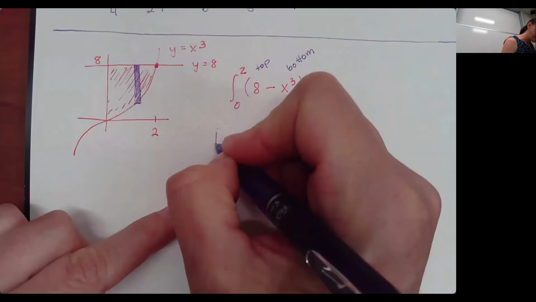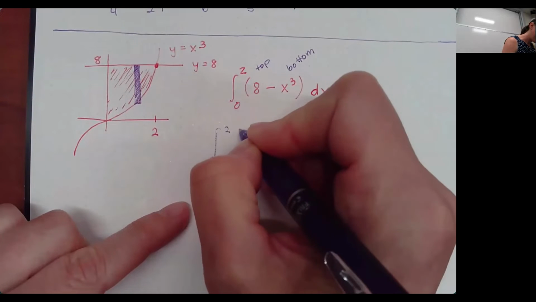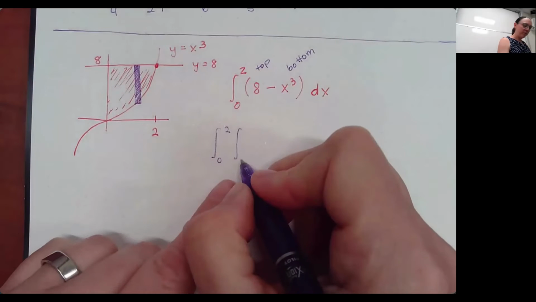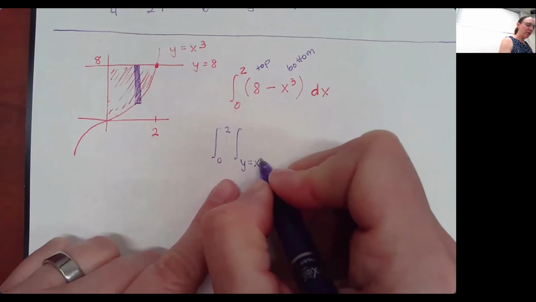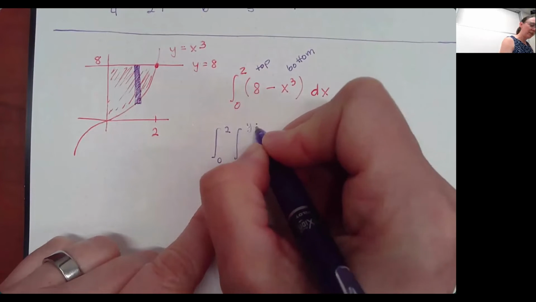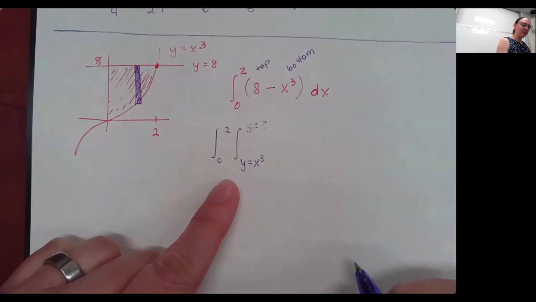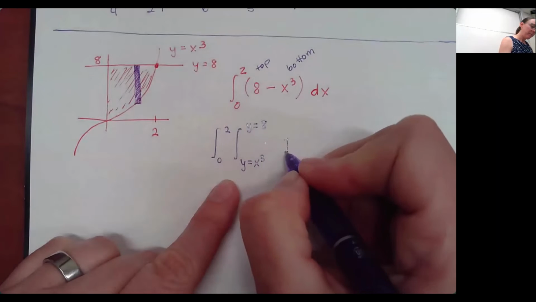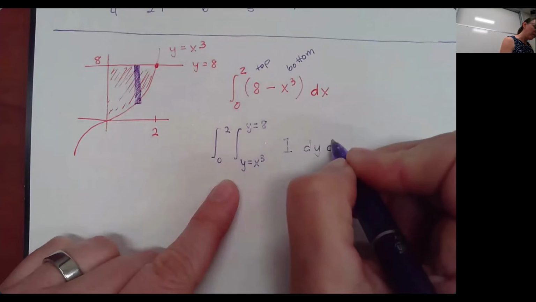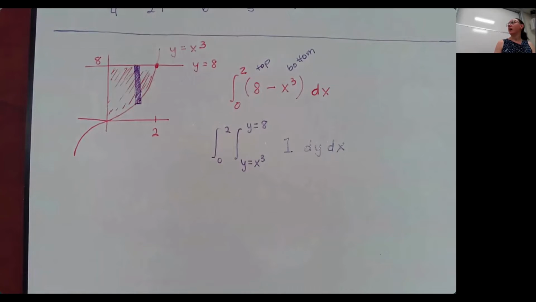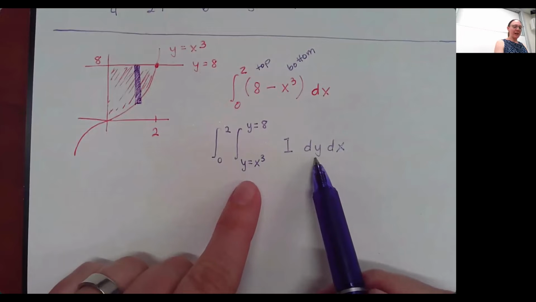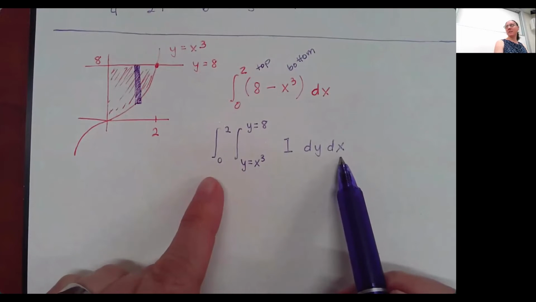But if I rewrite this, that bottom function was y equals x cubed. That top function is y equals 8. And as a double integral, I'm integrating with respect to y and then with respect to x.